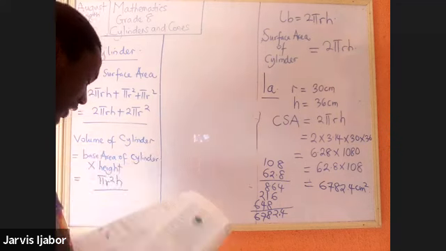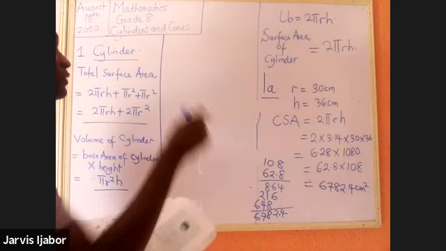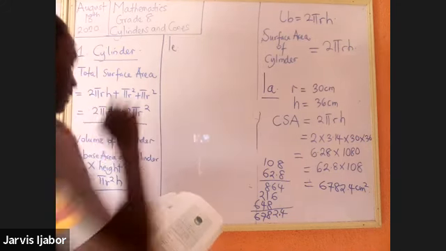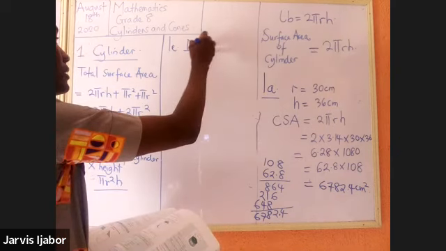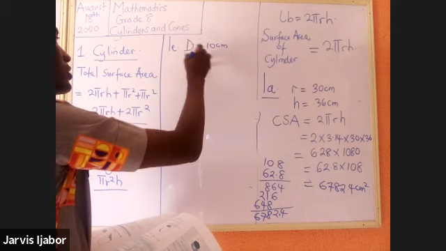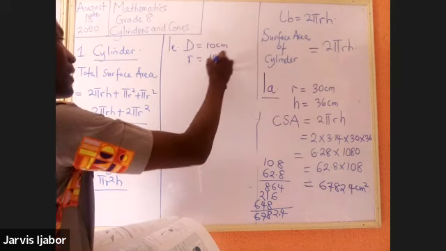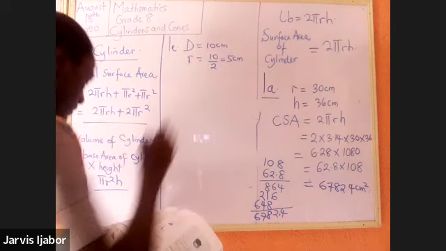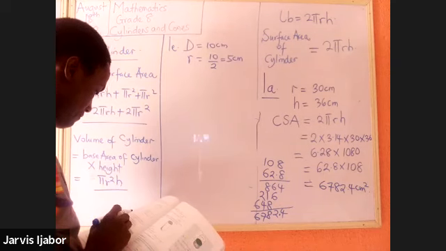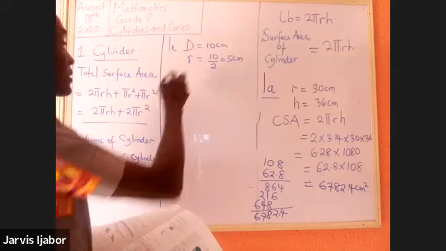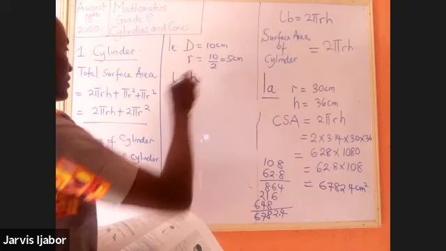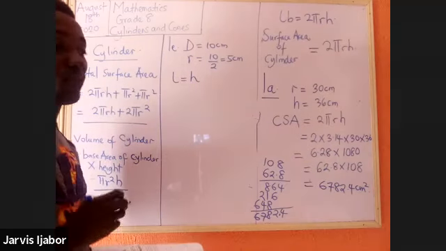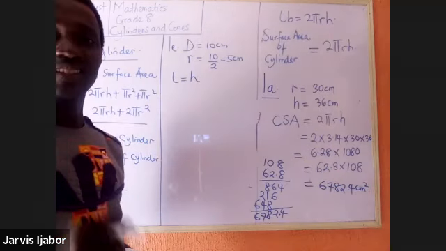Right. Now, in the case of 1E of that exercise, the diameter is given as 10 cm. So what would the radius be? 10 divided by 2, that would be 5 cm. The length is also the height. Do you understand? For a cylinder, the length is also the height.